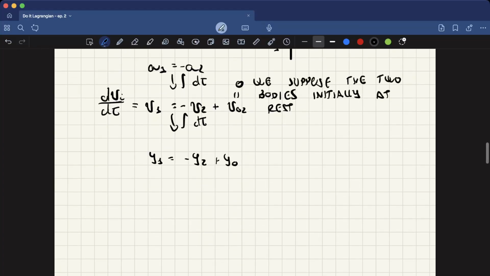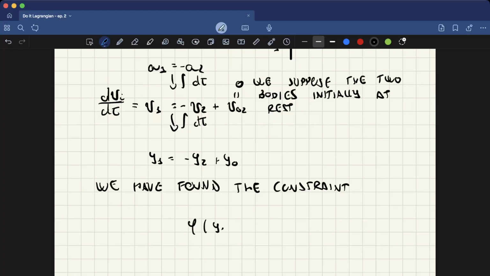Now we have found the constraint, okay, phi of y1 y2, which is equal to y1 plus y2 minus y0.